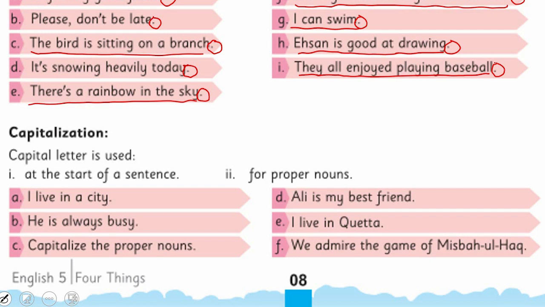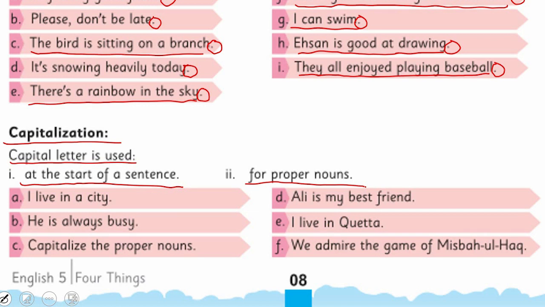The next one is capitalization. So a capital letter is used where? At the start of a sentence and for proper nouns. We have discussed earlier the use of proper nouns and common nouns. In that lecture, we discussed that proper nouns are capitalized when they are used in a sentence.